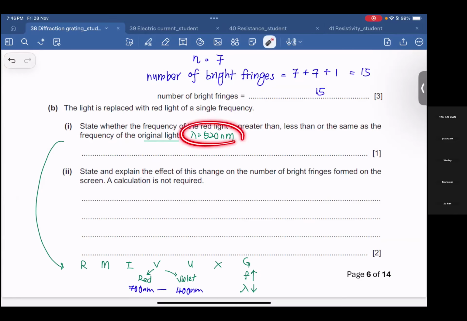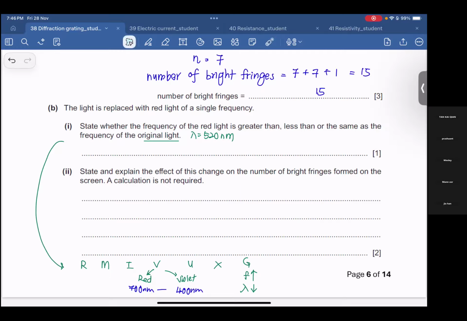Look at this. Right now, the original wavelength is 520 nanometer. How about the red color? Red is 700 nanometer. So what happens to the frequency of your red light?